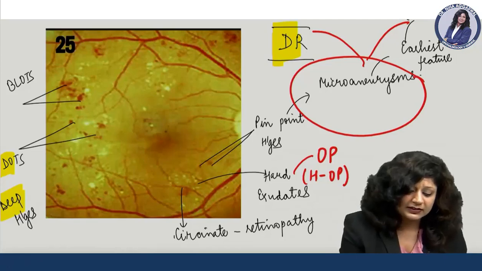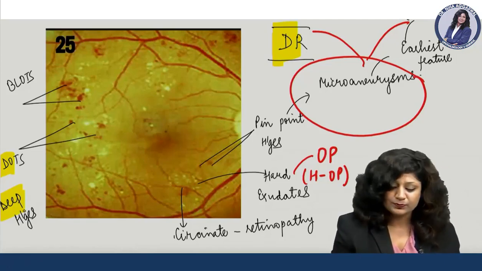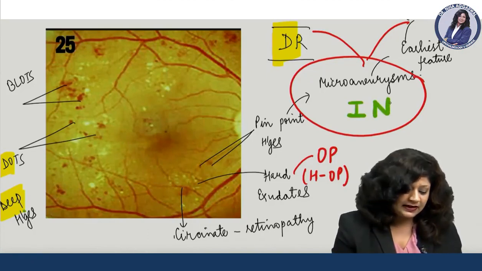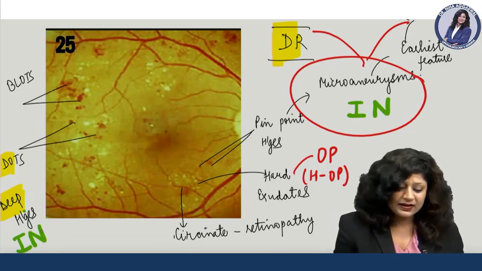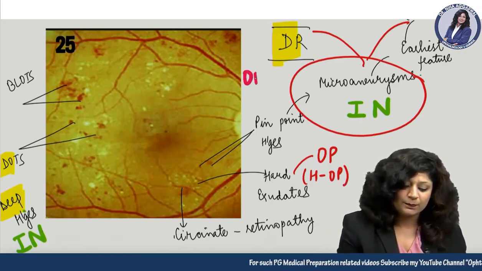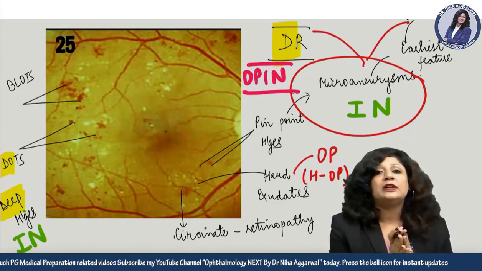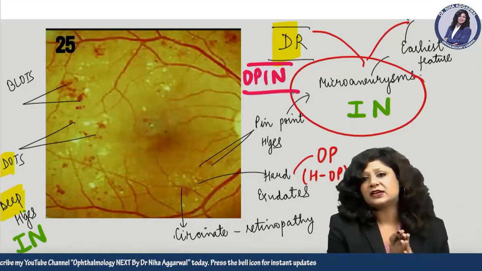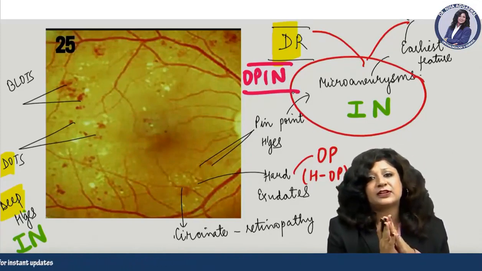Now what about the other two things? Microaneurysms and these deep hemorrhages are both present in the inner nuclear layer. Now I always ask you to remember one important thing, and that is the OPEN. It means these two layers always open the gate for retinal diseases.